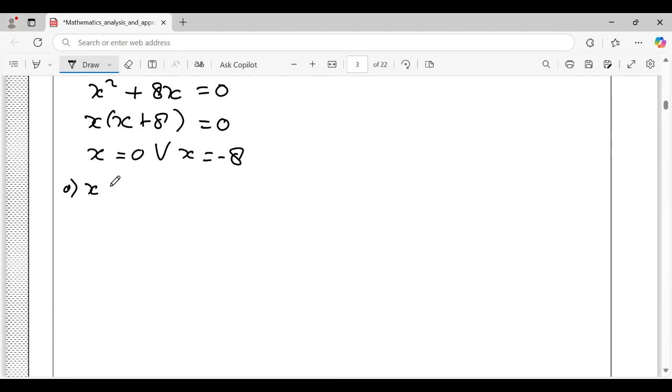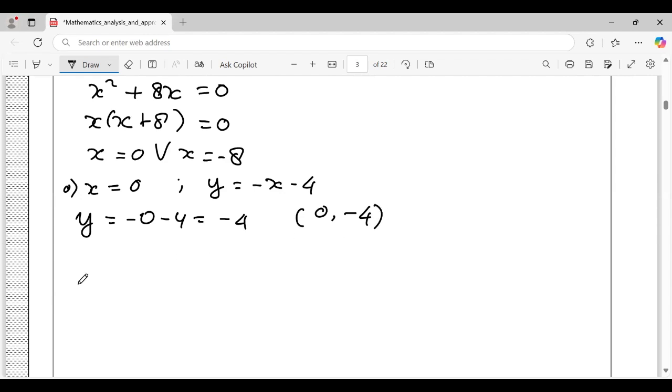The first condition, if x equals 0, substitute into y equals minus x minus 4, becomes minus 0 minus 4, so y equals minus 4. The coordinate point x comma y is 0 comma minus 4.